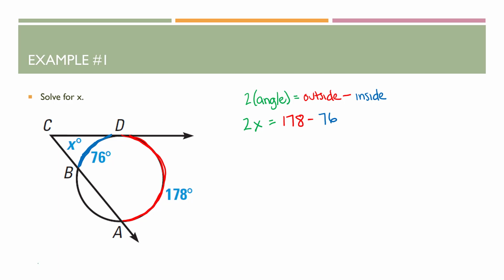So I'll go ahead, combine like terms, and simplify. 178 minus 76 is 102, and then divide each side by 2. So x equals 51 degrees, and that would be the measure of that angle.